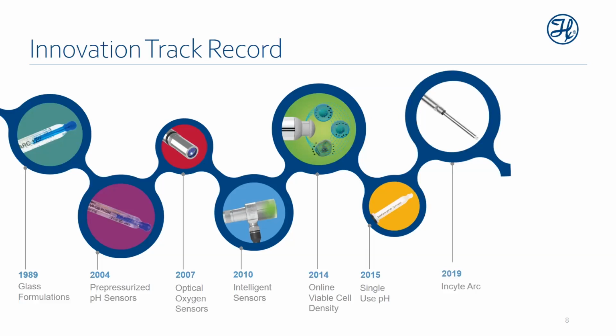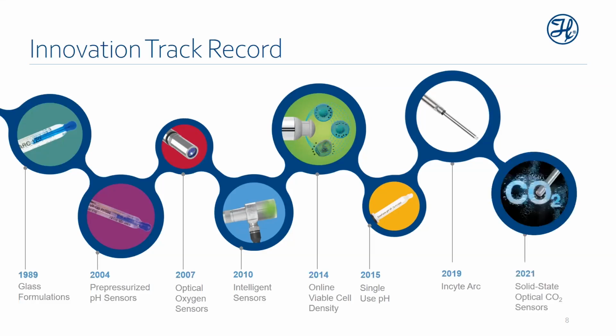So our second generation Insight sensor called Dencytee Arc was released, as well as devising novel inline measurements for critical process parameters, something like a CO2 sensor. We recently also released a solid state optical CO2 sensor to the market. But we're not done, and that's why you are all here today.